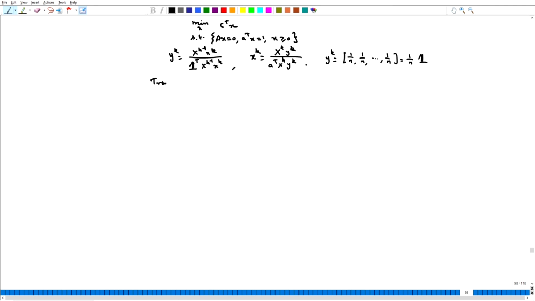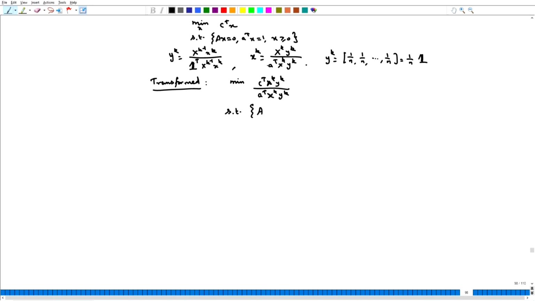So, this is the canonical form, and the transformed problem is the following. It is min of c transpose capital Xk yk by a transpose capital Xk yk. I have just substituted x as xk, that is, capital Xk yk by a transpose capital Xk yk, subject to the condition that A times xk.